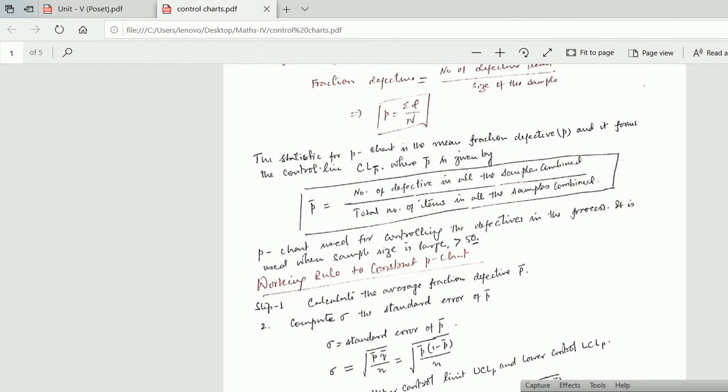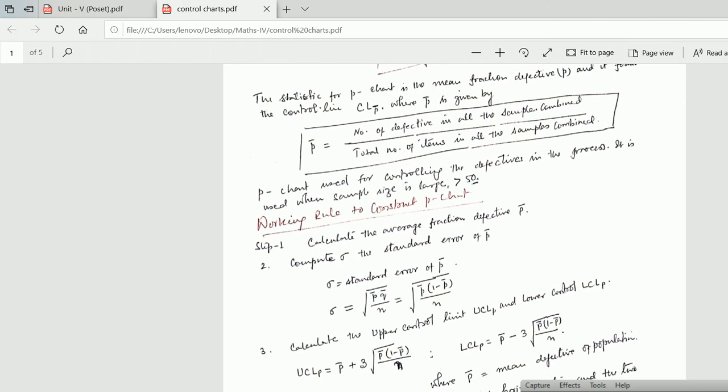The statistic for P chart is the mean fraction defective P bar, and it forms the control line CL P, where P bar is equal to the number of defectives in all the samples combined upon the total number of items in all the samples combined.